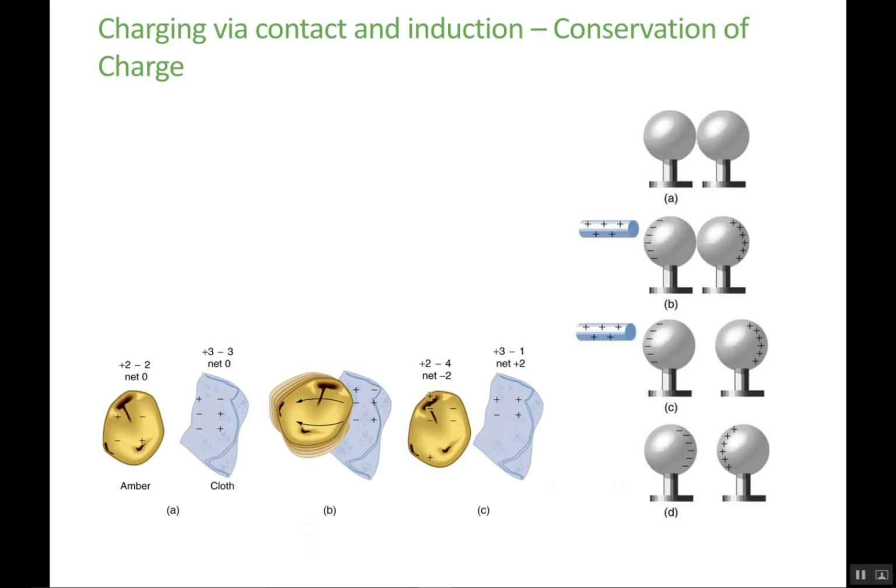It's important to point out that when you're dealing with materials that are in the solid state, like in this example here, the chunk of amber and the cloth, the redistribution of charge always involves moving electrons. And why do you think that's so?